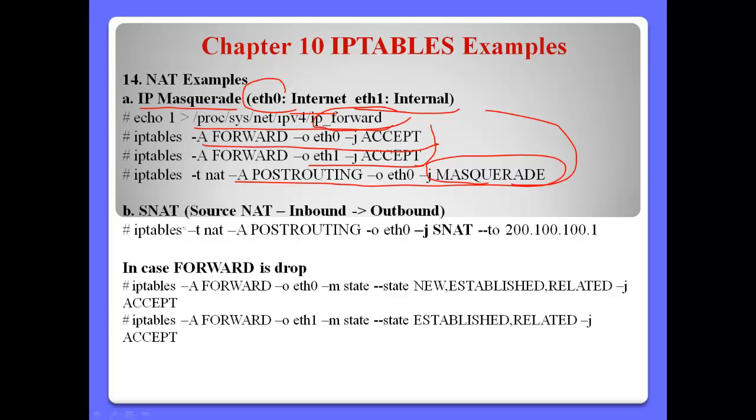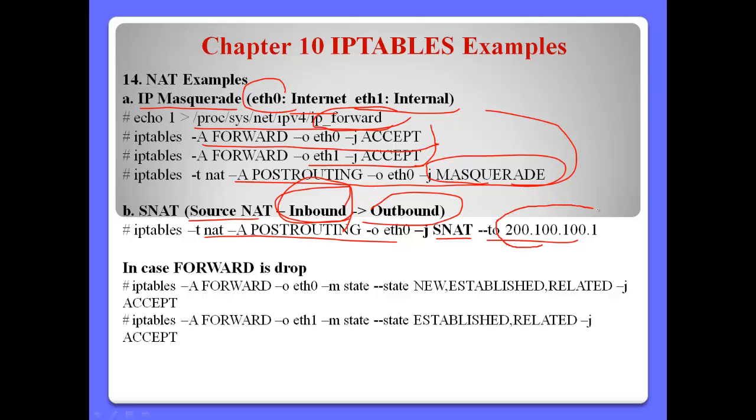B, the SNAT, I mean the source NAT. Normally, source NAT is used from inbound to outbound. In this case, inbound normally means the private IP address, and outbound normally uses the public IP address. For example, iptables -t nat -A POSTROUTING -o eth0 -j SNAT --to 200.100.100.100.